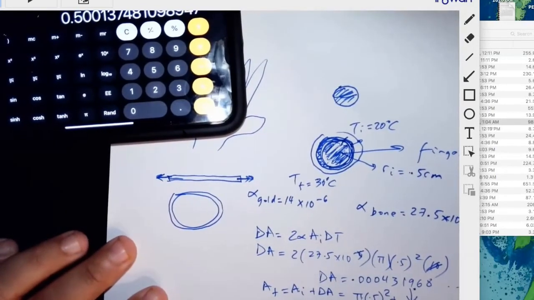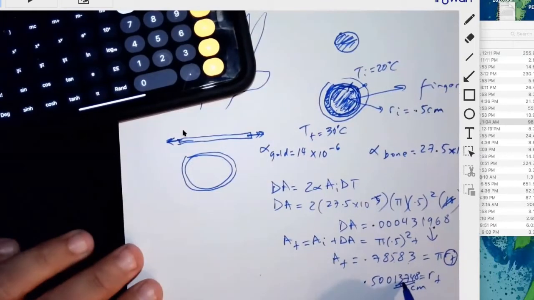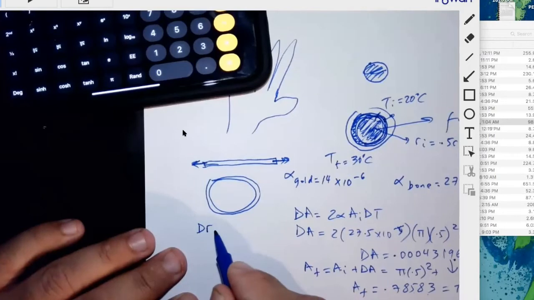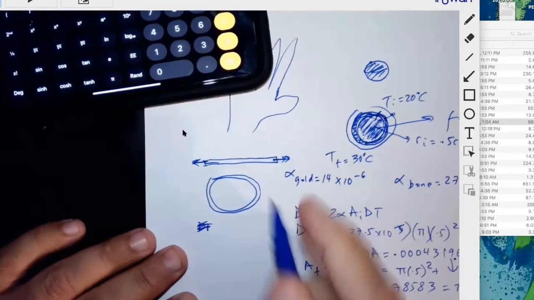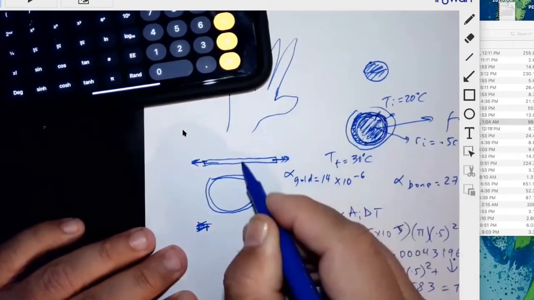So I'm going to treat the ring as a linear expansion. Imagine the circumference of the ring is the length of this rod.